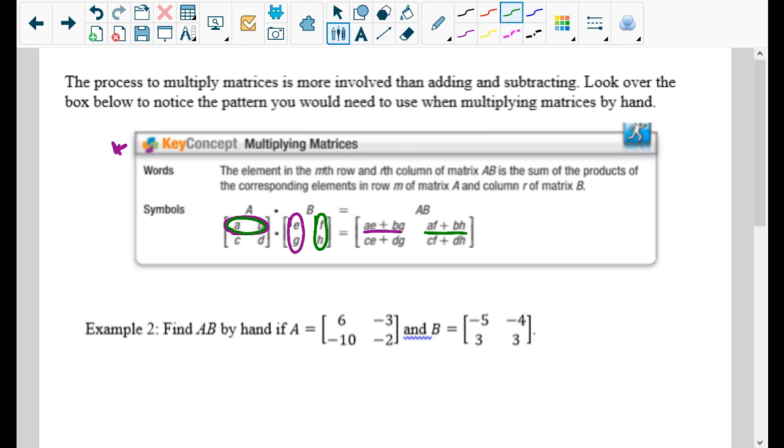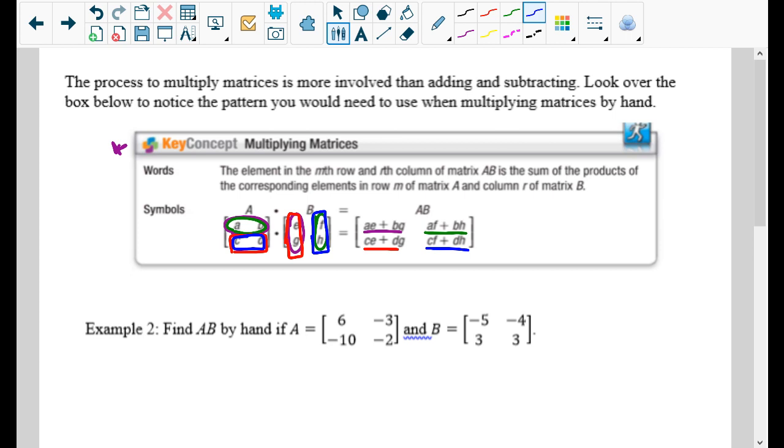So I multiply, add them together. And then for the bottom, again I take the bottom row, first column, multiply, add them together. And then same thing, bottom row, second column, multiply, add them together.